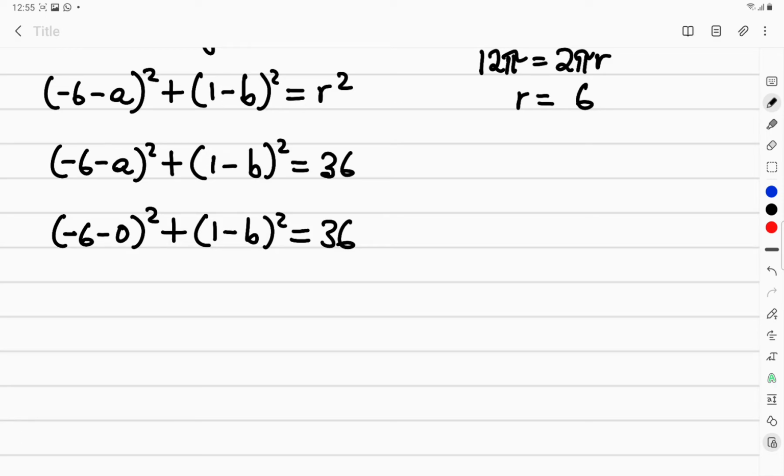Now 36 to 36, then b squared like this. 36 minus 36 will be 0.